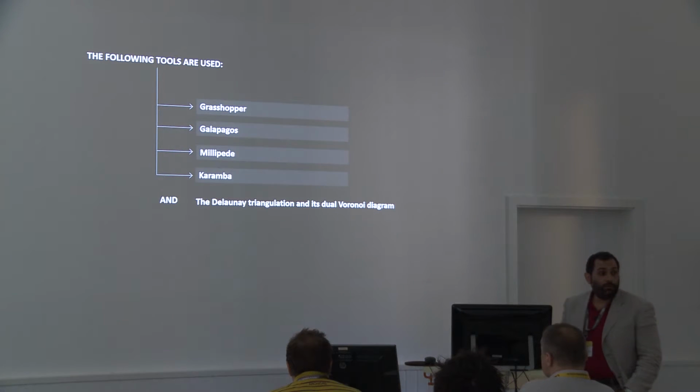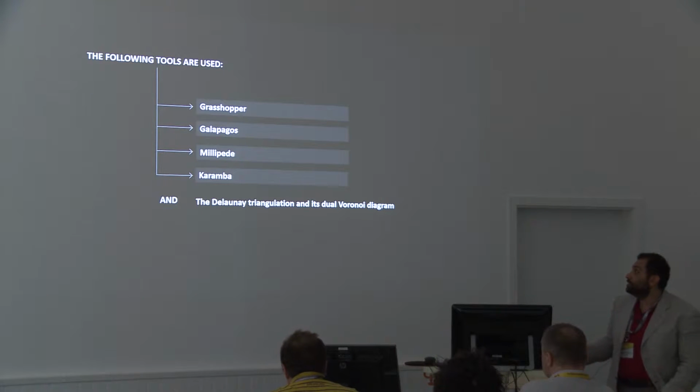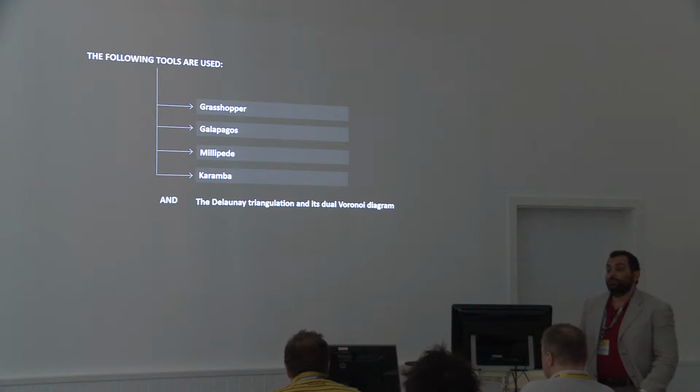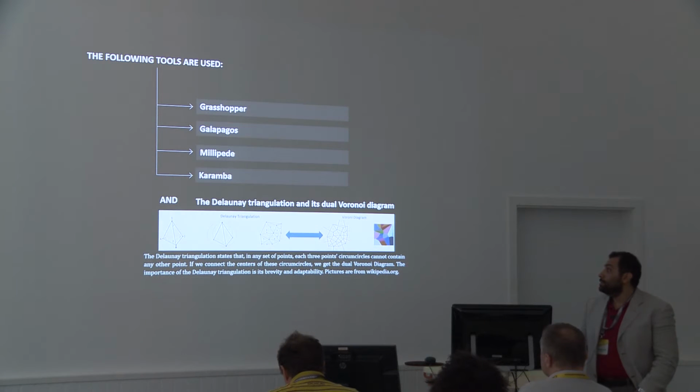The physical outcome of this procedure will be a Delaunay triangulation and its dual Voronoi diagram. Delaunay triangulation, because it is a triangulation, has a better chance of enhanced structural performance than Voronoi diagrams.